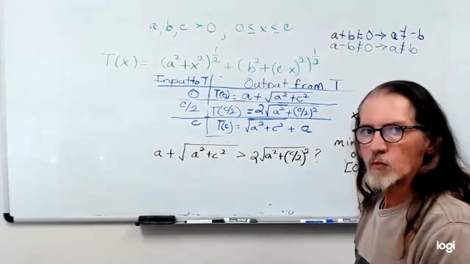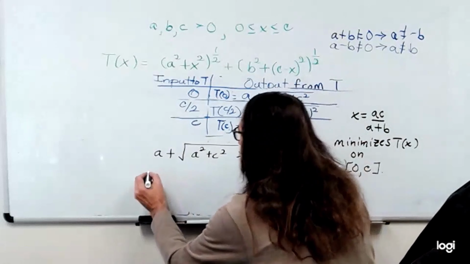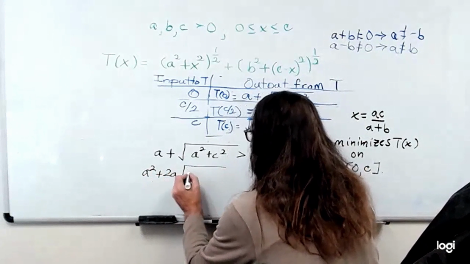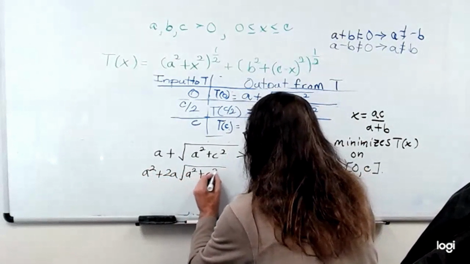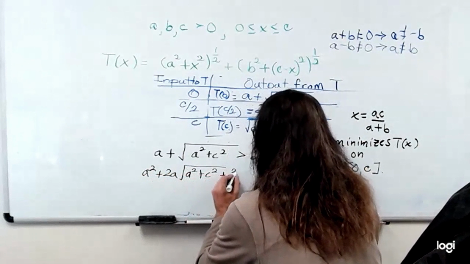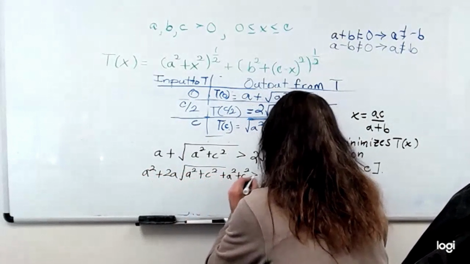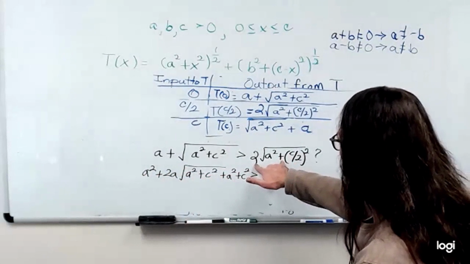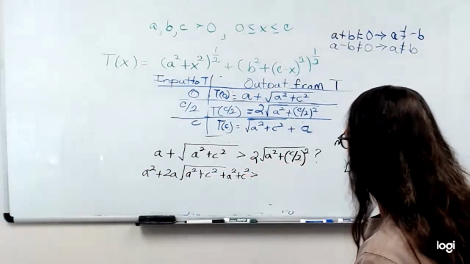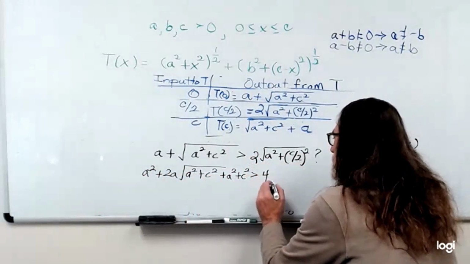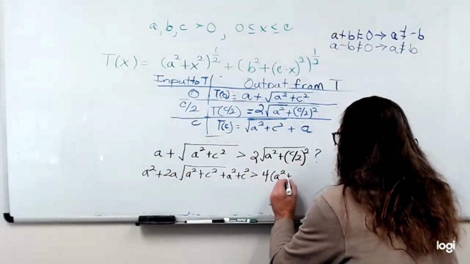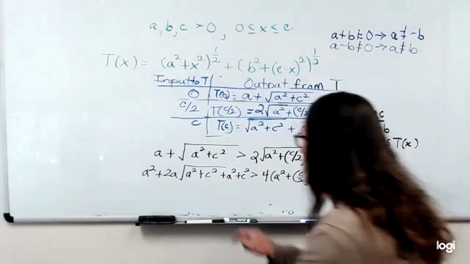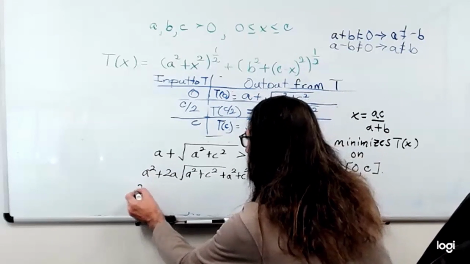So again, let's square both sides. Over here, splitting up the squaring to the 2 and then the square root factor. Let's combine the like terms here.